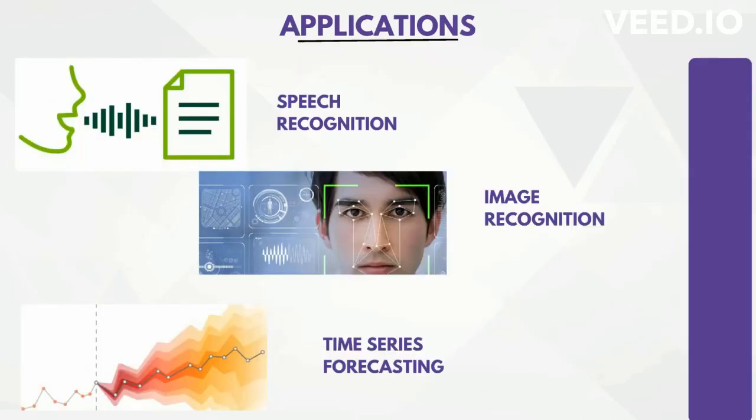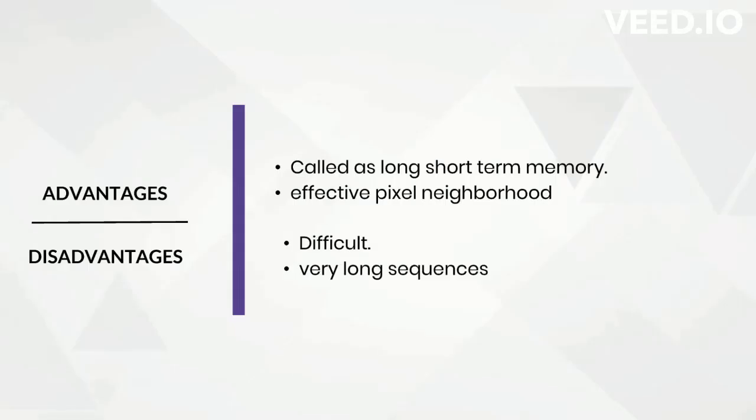Some of the applications of recurrent neural network are language modeling and generating text, speech recognition, machine translation, image recognition and face detection, and time series forecasting. These are some of the advantages and disadvantages of recurrent neural network. The advantages are: a recurrent neural network remembers each and every piece of information through time.